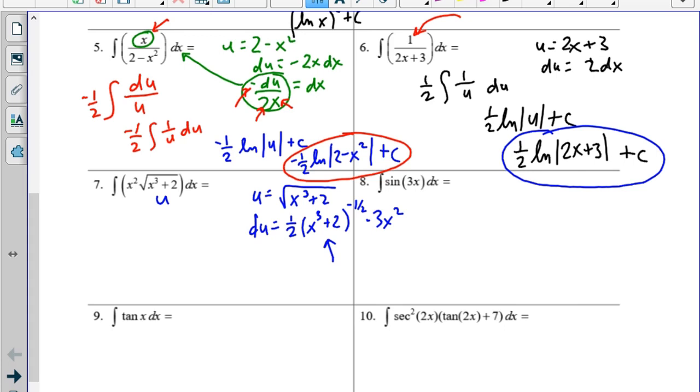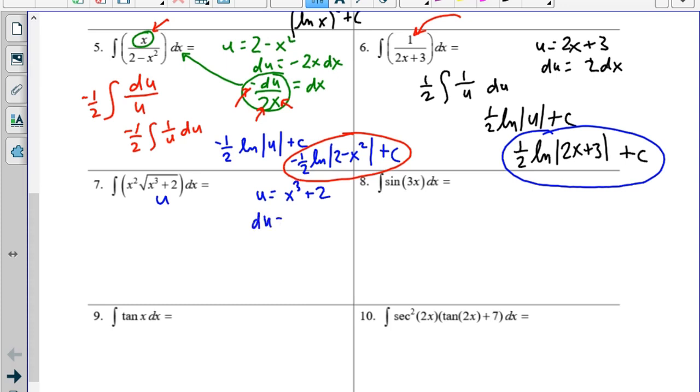It just becomes not very convenient. So instead, what I'm going to do is I'm going to make u equal to x cubed plus 2. And again, what I just did, it's not the worst thing in the world. It would end up being okay, probably, but it just makes it a lot more complicated.